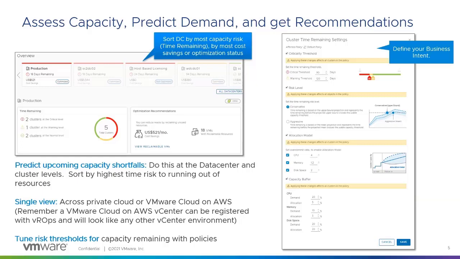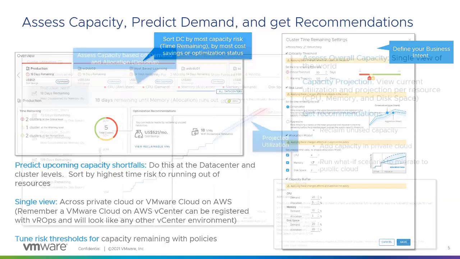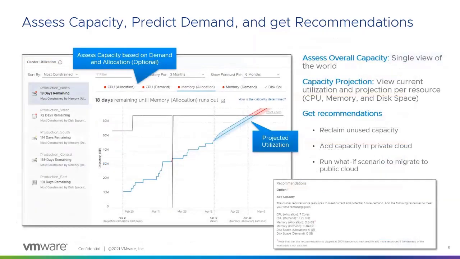You know how much capacity you have left, and then there's a lot of things that you can tweak and tune to make the capacity projections more meaningful for the particular circumstance. So you can see things like projections of what our utilization is going to look like into the future, and then get recommendations on things we can do, whether it's add capacity, reclaim resources, or migrate workloads, things like that.